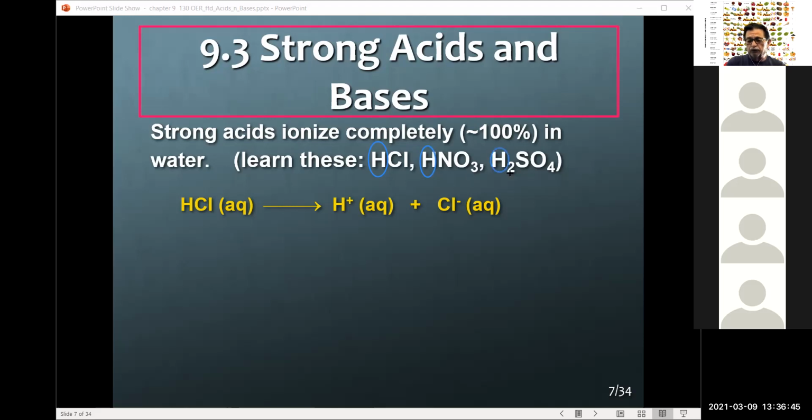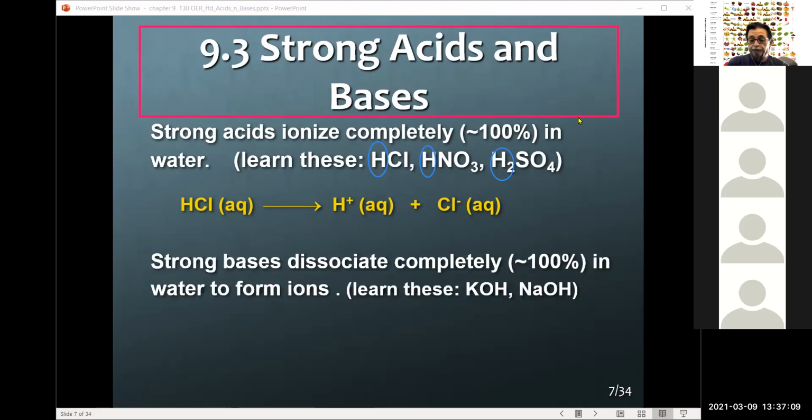Look at this one, it has two hydrogens in front of it. If we were to remove those two hydrogens, guess what? Look, SO4 2-. Isn't that the sulfate ion? So there are three examples here of strong acids, in that they completely dissociate, 100%.